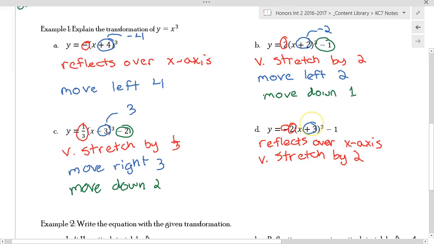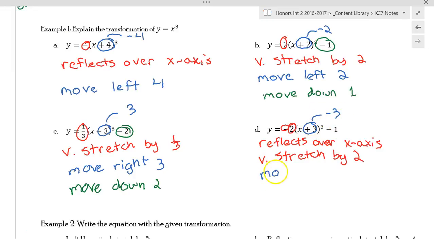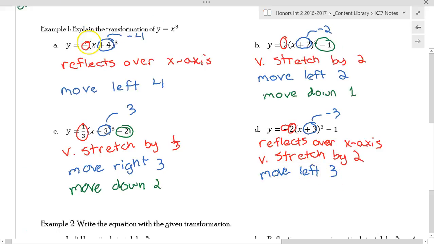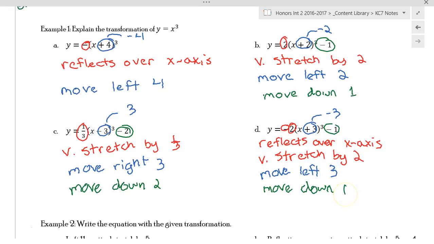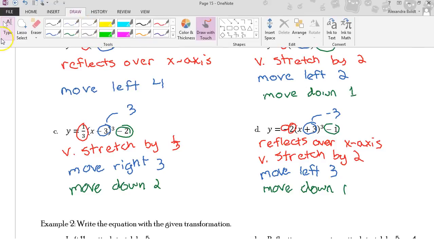The 3, I change the sign, so I move left 3. And the negative 1, we move down 1 because we keep the sign, so negative is in the down direction. Okay. And that's it. So it's kind of just knowing what each of those numbers mean. You will have to memorize what each of those numbers mean.